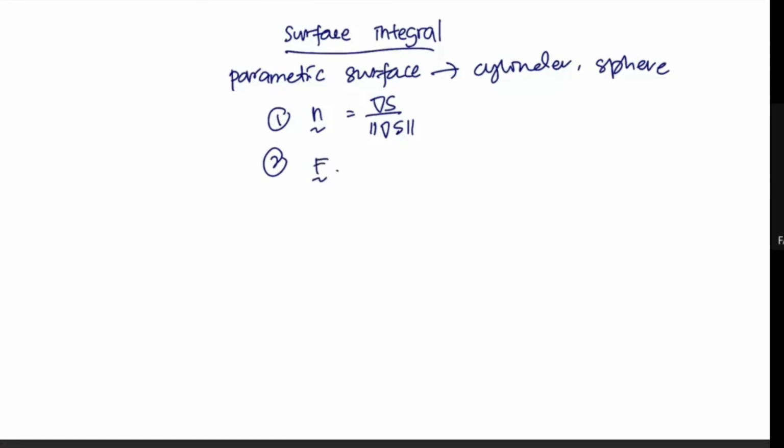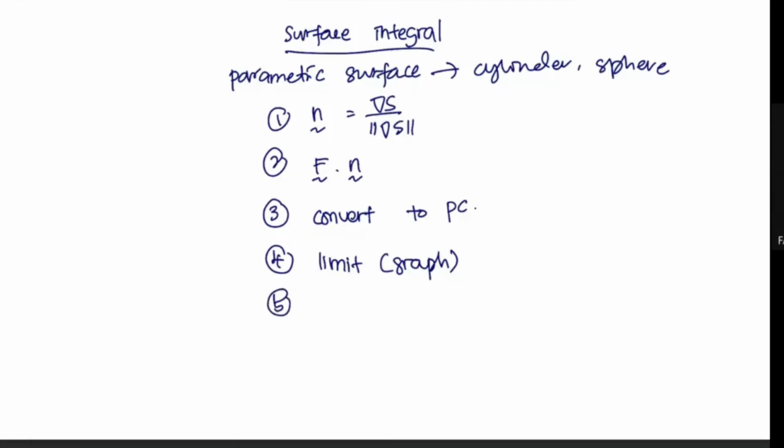Step number 2 is to find the dot product of the vector with the unit normal vector. Step number 3 is to convert xyz to spherical coordinates. Step number 4, determine the limit of integration by using a graph. And the last one, solve the integration. Okay, that's all for today. Thank you guys.